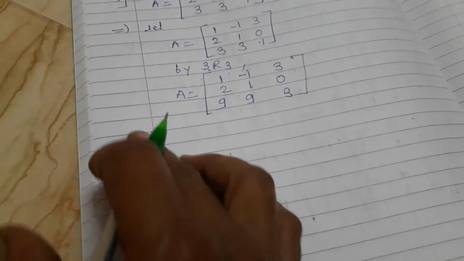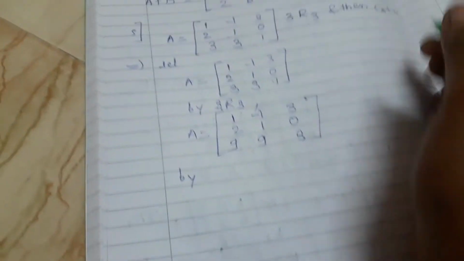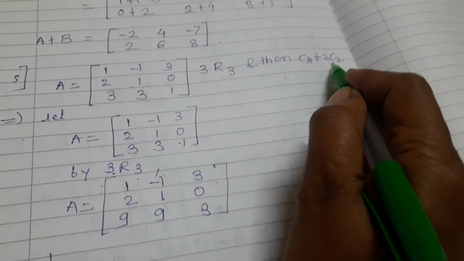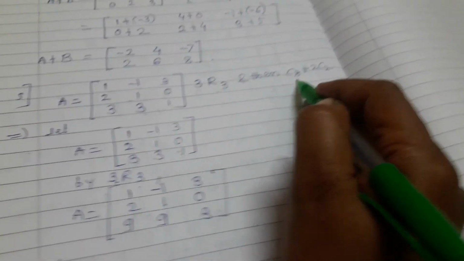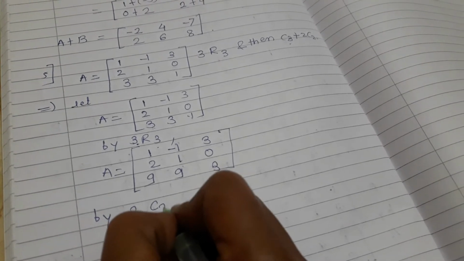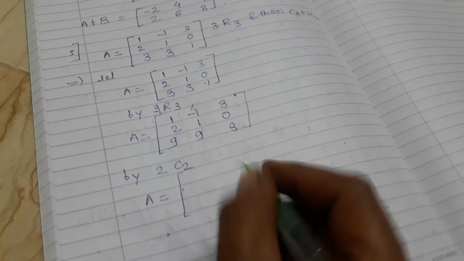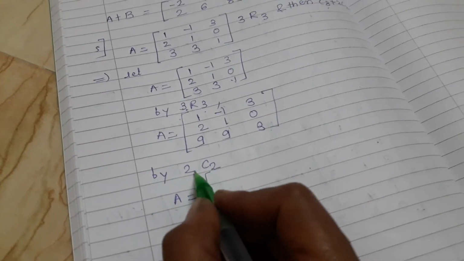Next, c3 plus 2 times c2. First, let me apply the operation 2 c2, then we will add this to c3. Then A equal to 2 times c2, meaning the second column is multiplied by 2.